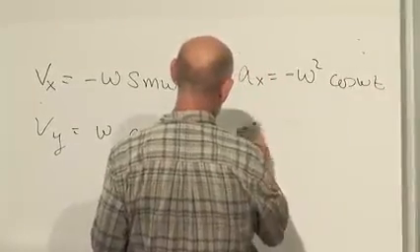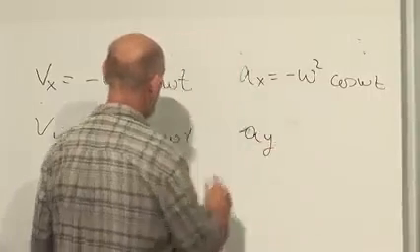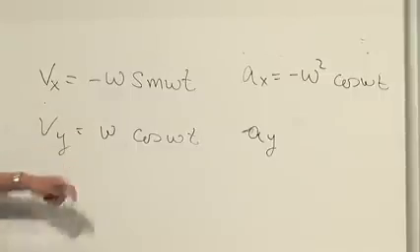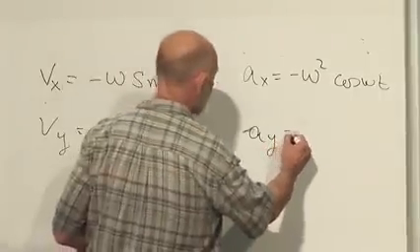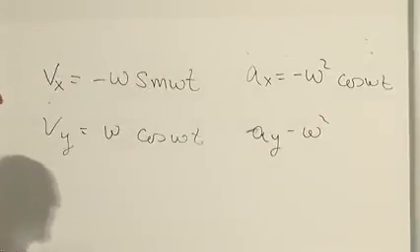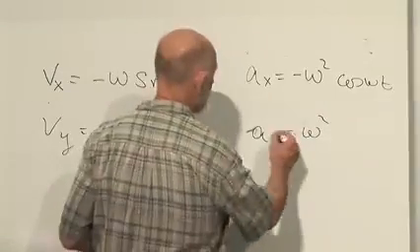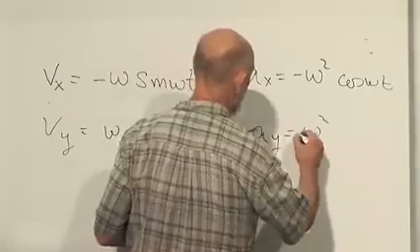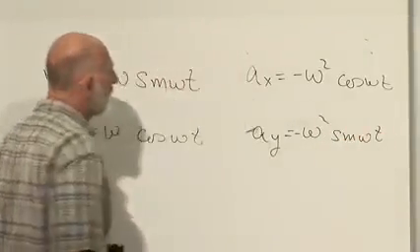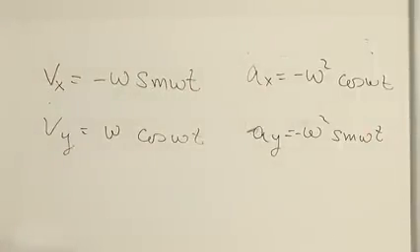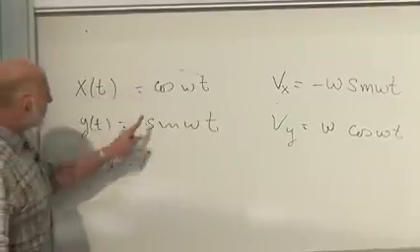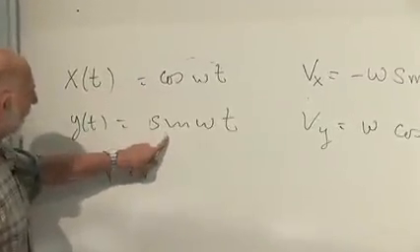And what about a sub y? Derivative of omega, we first of all have 2 factors of omega. And the derivative of cosine is minus sine. Well, let's compare a with the position itself. The position is the vector cosine, sine.